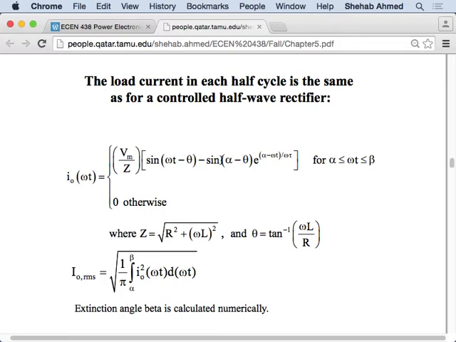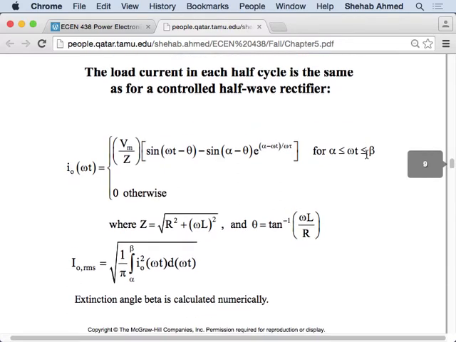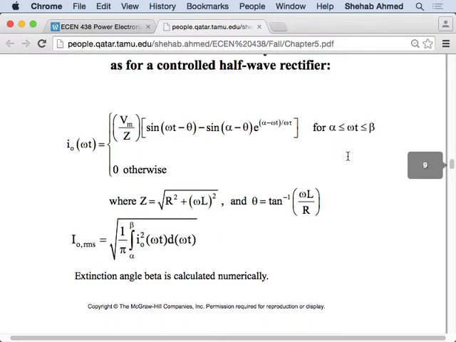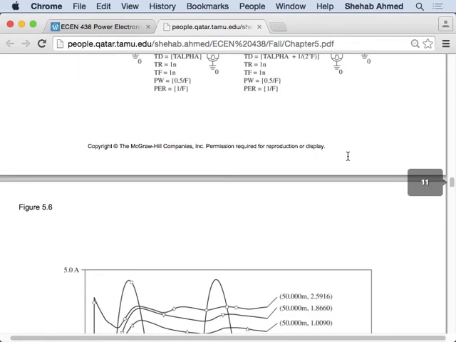And the extinction angle is something we have to find numerically. There's no closed form solution. It's the same process as the half-wave rectifier extinction angle calculation. Okay, that's good.